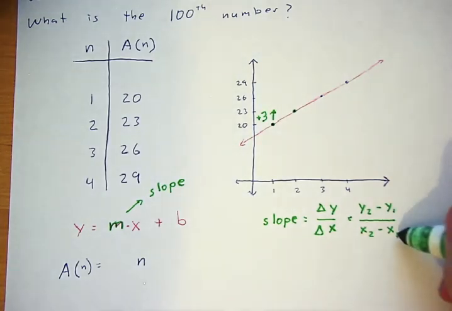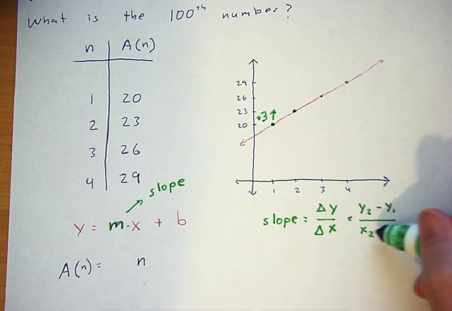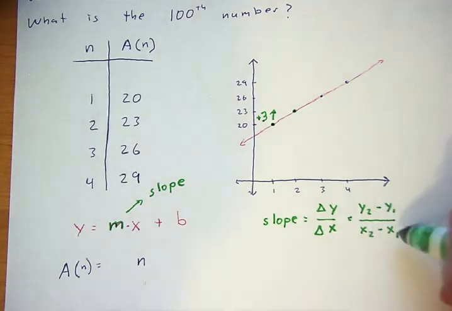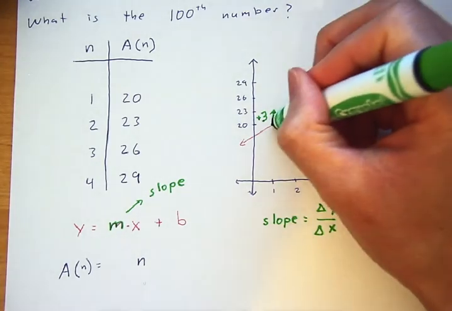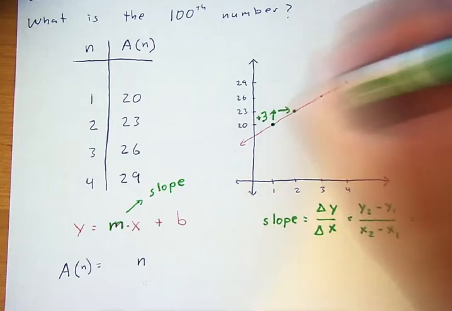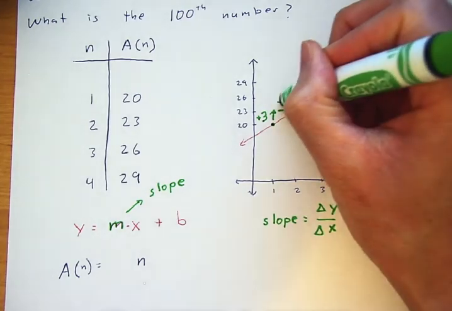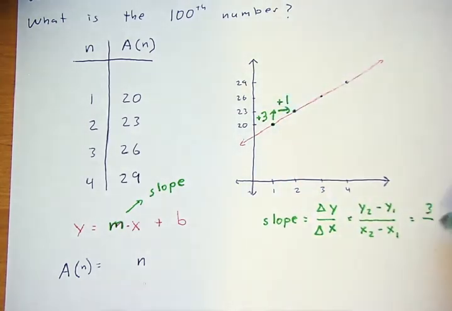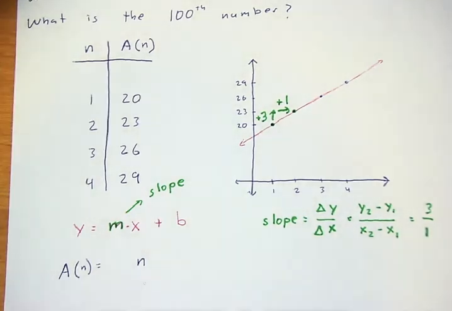The bottom of my fraction is how much does my x change by. Going from here to here, I go to the right, positive 1. So my slope is positive 3 divided by positive 1, which of course is 3.